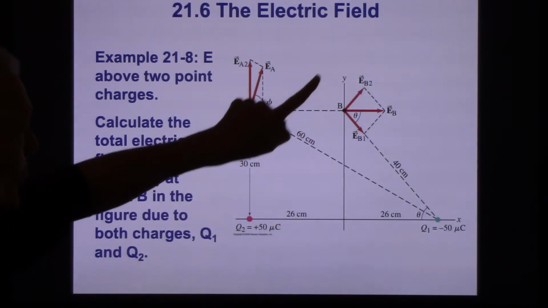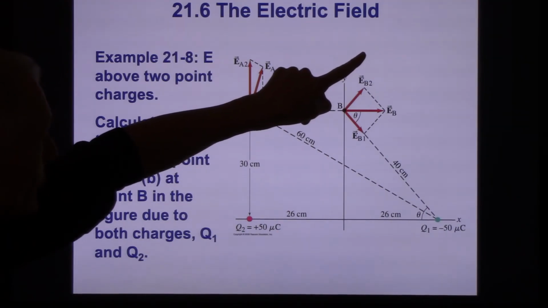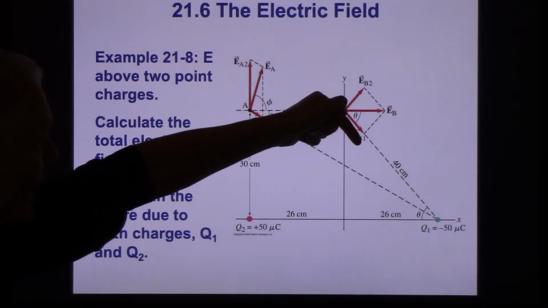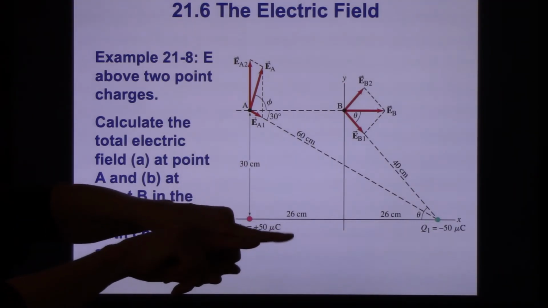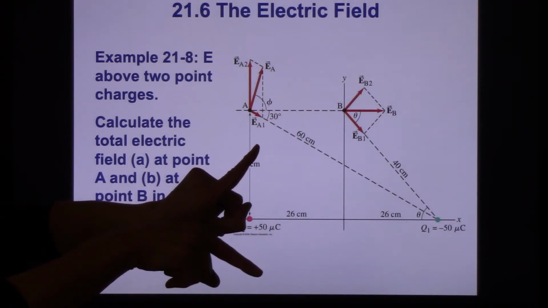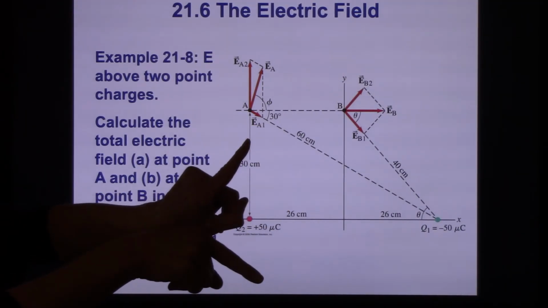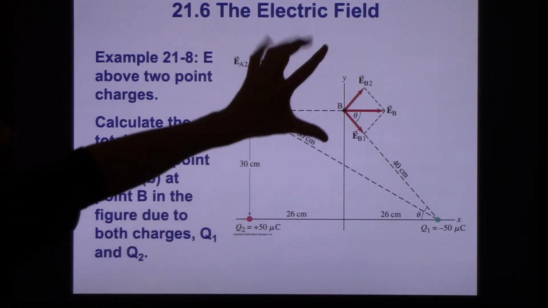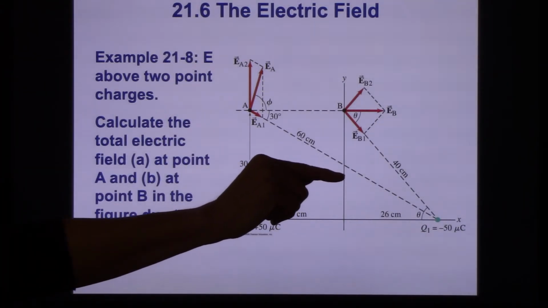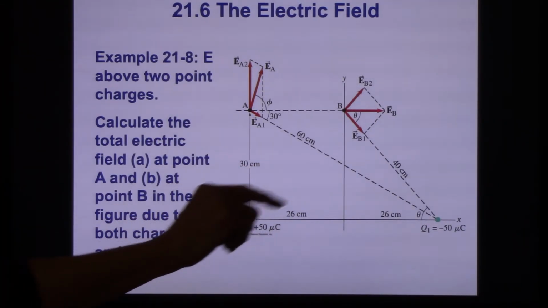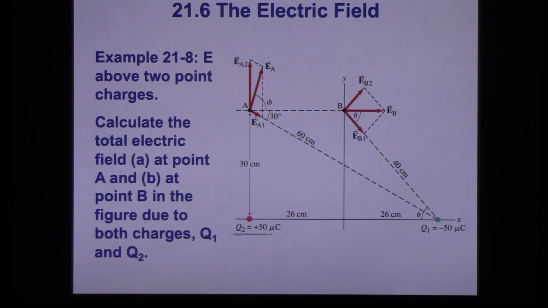So the magnitude of E field 2 is going to match the magnitude of E field 1 if I have two fields with the same magnitude tipped at the same angles, opposite directions. Those two vectors are going to combine so that the overall direction of the E field is right along the x-axis.